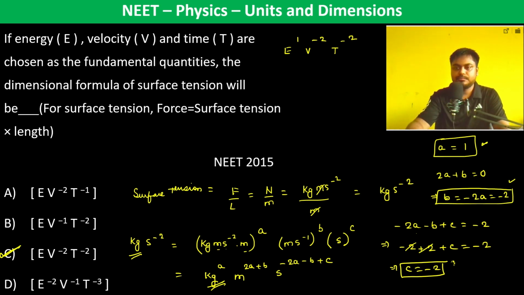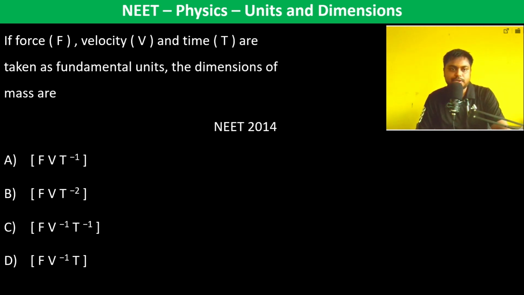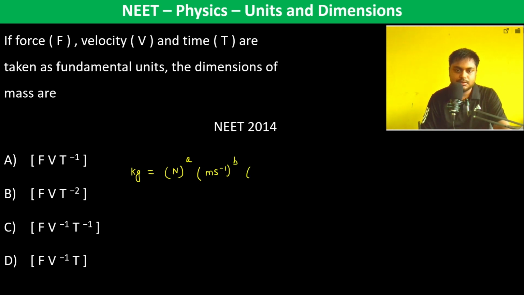Thank you. If force, velocity and time are taken as fundamental units, the dimensions of mass are. So mass, which is kg, should be equal to force, that is Newton to the power a, velocity, that is meter per second to the power b, and second to the power c.